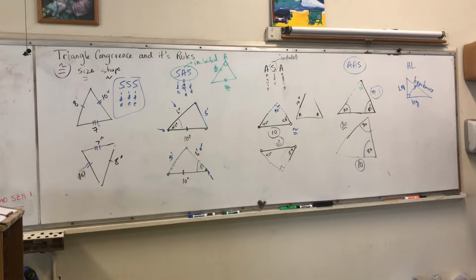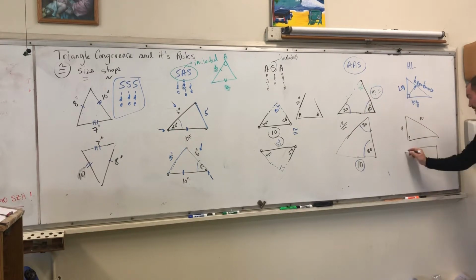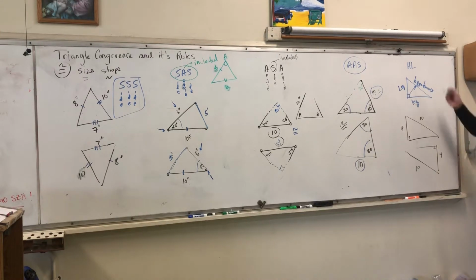So if I draw a right triangle with a leg of 4 and a hypotenuse of 10, and I draw the same right triangle which also has a hypotenuse of 10 and a leg of 4, then I would have what they call HL, which is, again, hypotenuse leg. So here's my matching hypotenuse, and here's my matching leg.